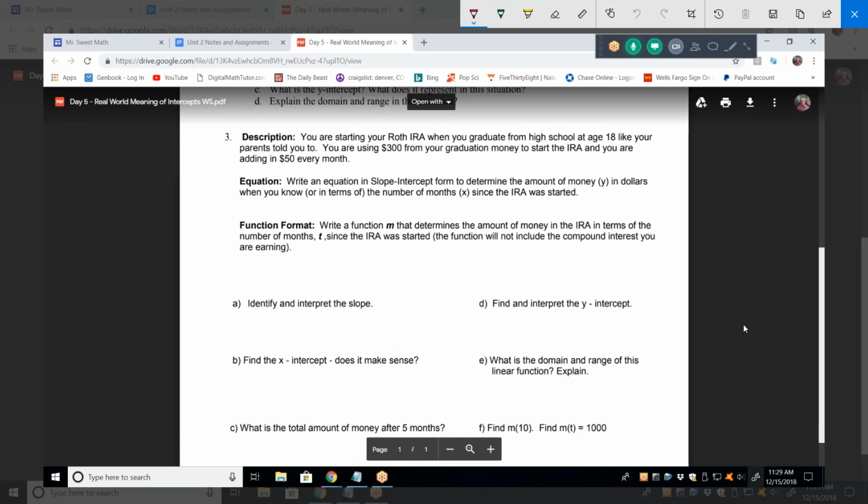Okay? You got $300 from your graduation and you're going to invest it. And you're going to add $50 every month. Okay? Write an equation in slope-intercept form. What's slope-intercept form? Y equals mx plus b.